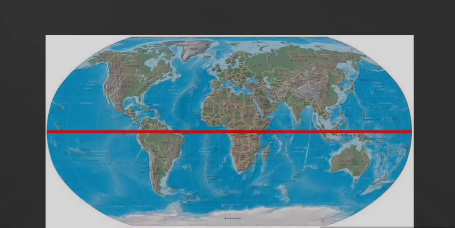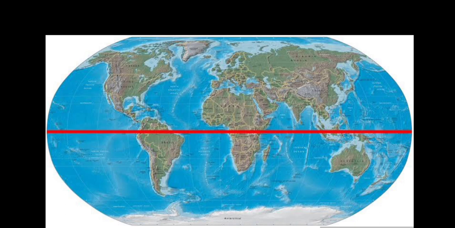Their sizes decrease as one moves away from the equator towards the poles. The equator is marked as 0 degree. It divides the earth into two equal parts. The northern part is called the northern hemisphere, and the second half, the southern part, is called southern hemisphere.